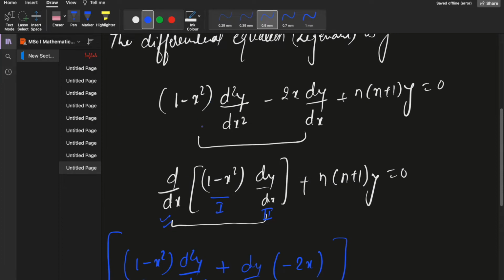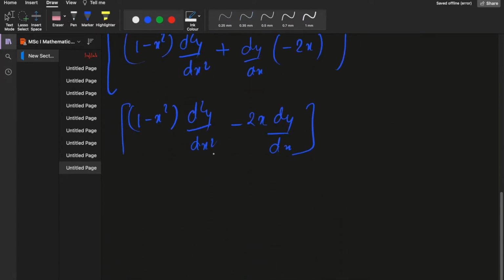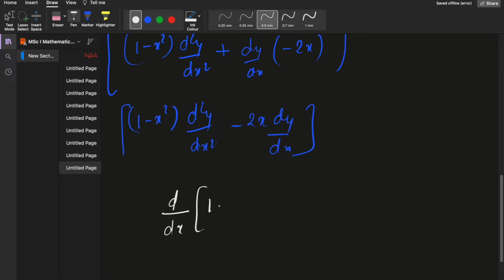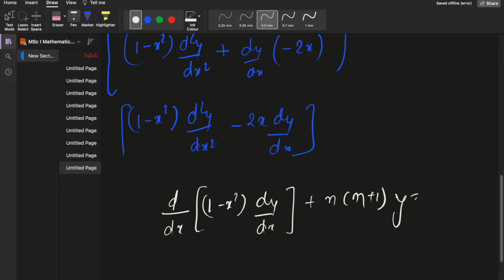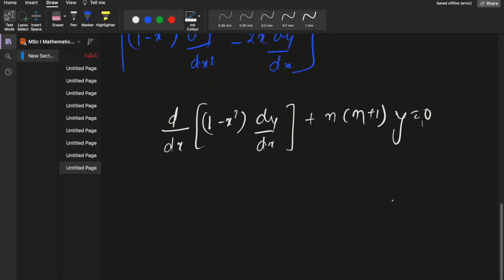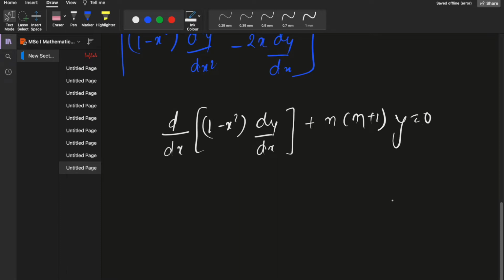So I can write this differential equation in terms of d upon dx of (1 minus x square) dy by dx. So this is just an explanation. What was the final result? I can write the differential equation of Legendre polynomial as d upon dx of (1 minus x square) dy by dx plus n(n plus 1) y is equal to 0, where y is the solution.